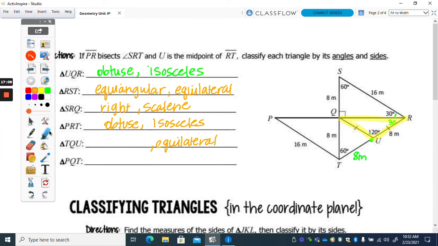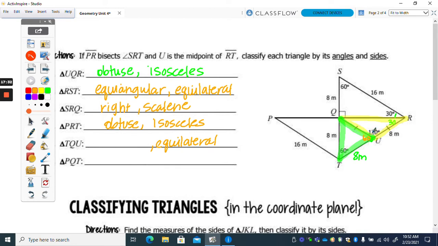Let's look. Triangle TQU. Now this is 60 degrees. And we know that this angle right here makes a linear pair with this angle. So this one has to be 60 degrees.